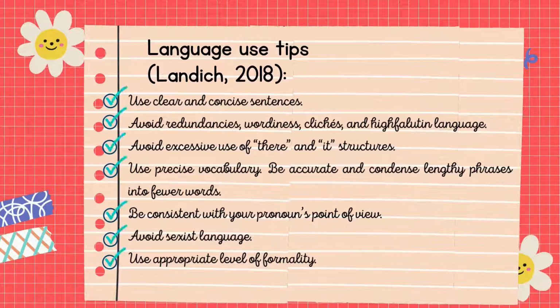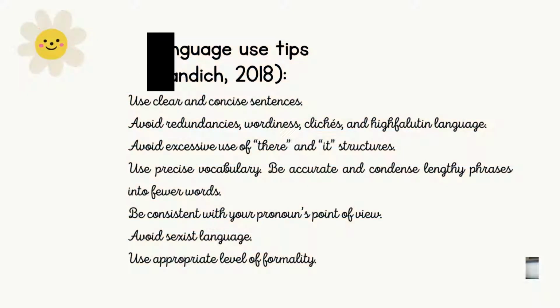Also avoid excessive use of there and it structures, because these sentences can be revised by dropping the there and it phrase and transforming the sentences appropriately. Use precise vocabulary. Be accurate and condense lengthy phrases into fewer words. Also, we should be consistent with our pronouns and point of view. Avoid sexist language and use an appropriate level of formality.